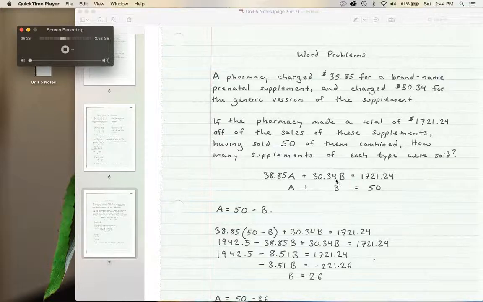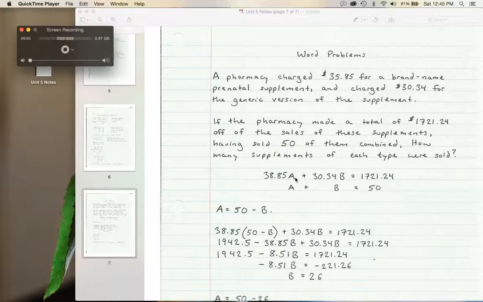We're going to do the same thing with supplement B. We want to multiply the number of supplement B sold, which we don't know yet, by the price of supplement B. Once we've multiplied each supplement quantity by its price, I know that the total of those sales values will equal the total sales, which is $1,721.24.